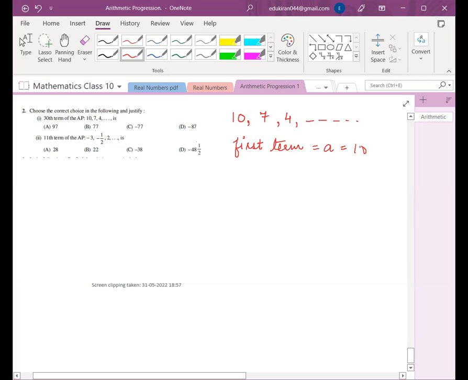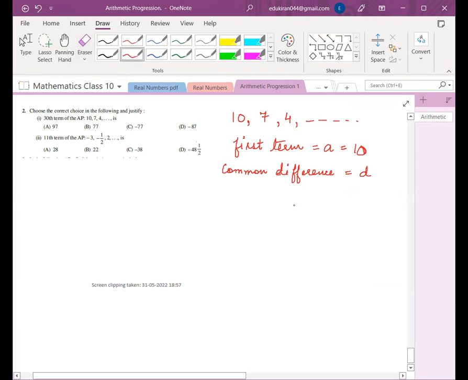Yes, A is 10. How much is the common difference? The common difference is equal to 3. Are you sure? Yes. No, it's wrong. I told you all. 7? Abdullah, why 7? No.